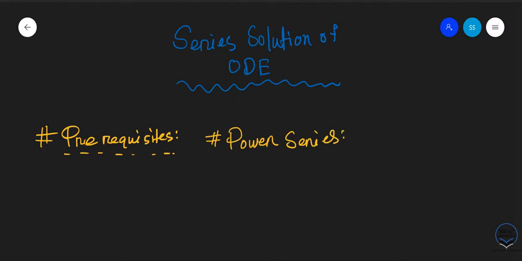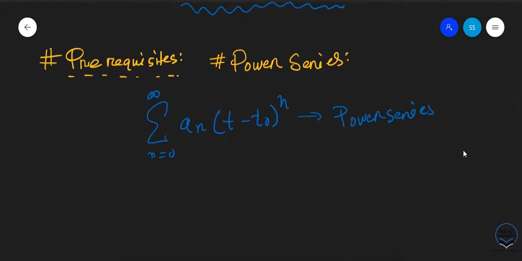The definition of a power series is that if you have a series like this, it is called a power series. Let me now explain the terms. This a_n is called the coefficient.